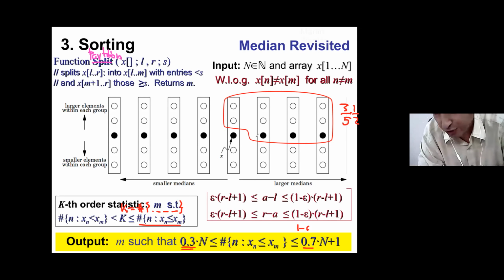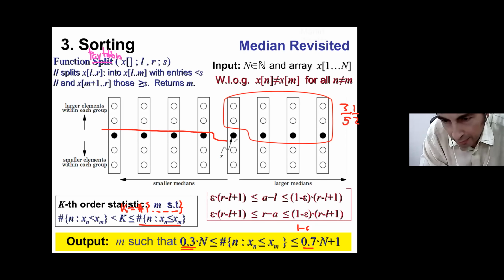Now, how do you get this one? You get the left inequality by doing something similar, by estimating the size of this piece. It's completely analogous. Everything which is below is less than the median, and all the medians which are left of the median x are less than x.